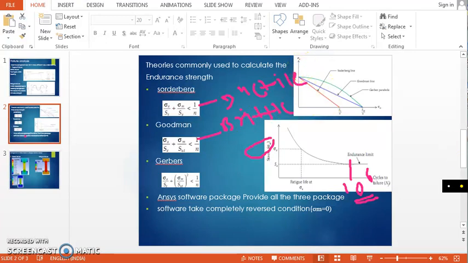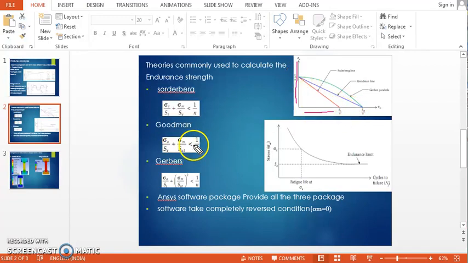We can see from the graph, this y-axis represents the sigma A and this sigma mean. You can see that in Goodman there is the ultimate tensile strength, and in Soderberg there is the yield tensile strength.